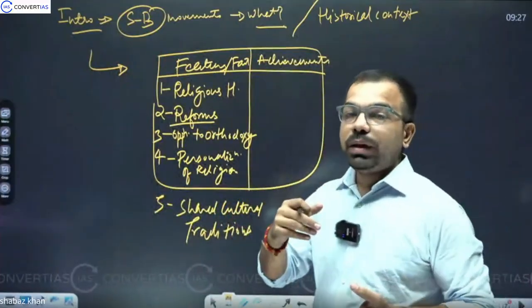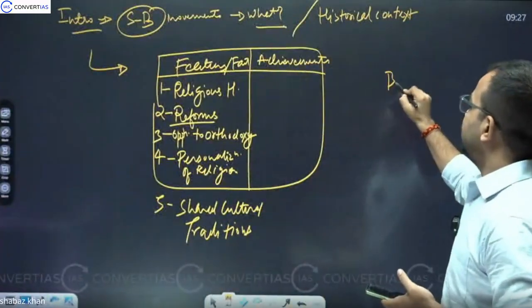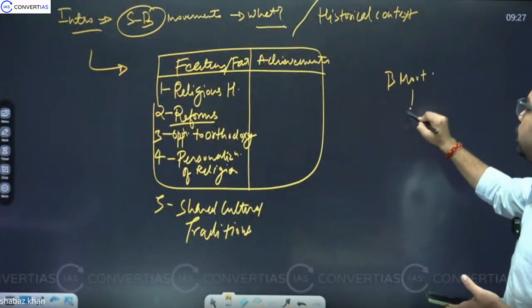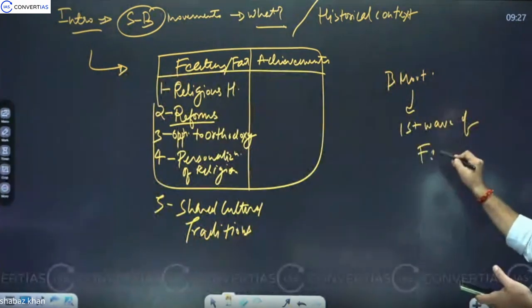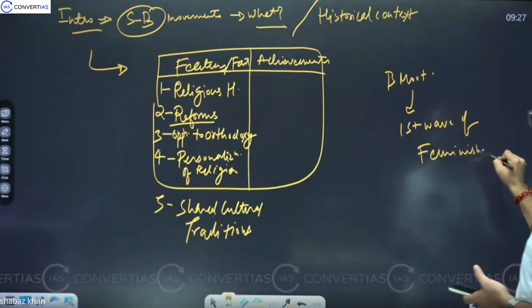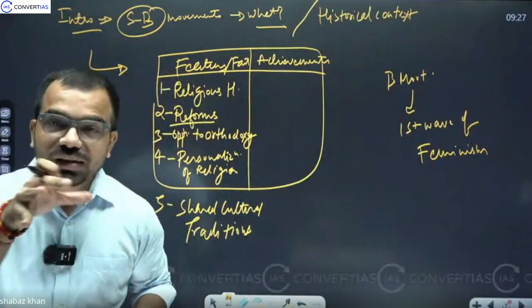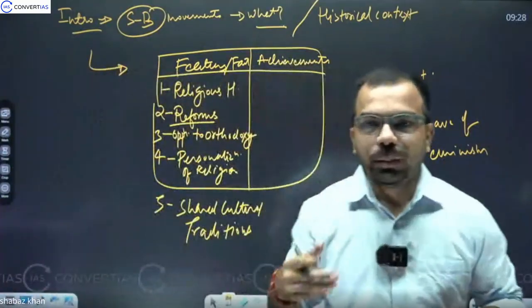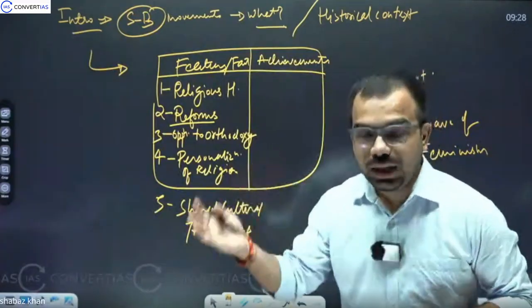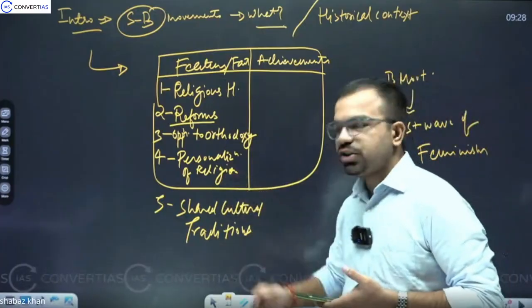A lot of people call the Bhakti movement the first wave of feminism. Opposition to orthodoxy led to relaxation in religious beliefs. The Brahmanical orthodoxy was relaxed to some extent. Then personalization of religion.